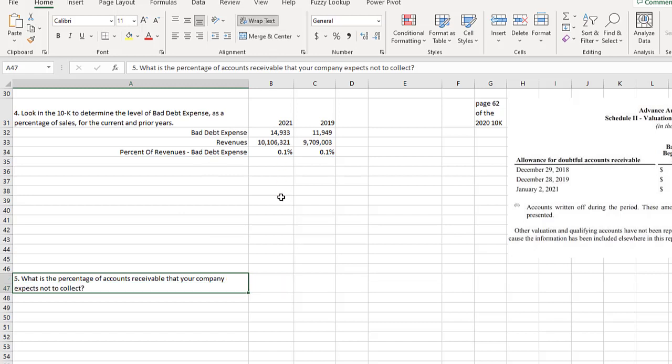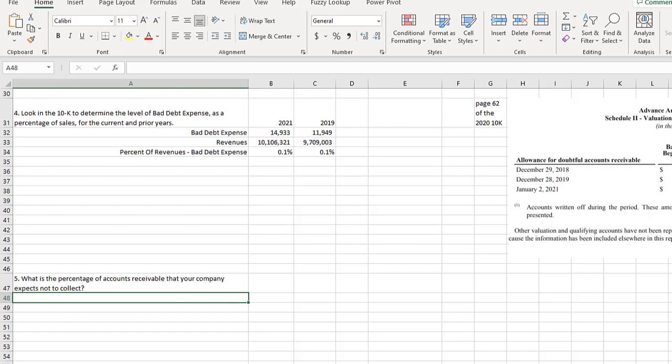Wrap it. So what we need is the allowance and our receivables, and we need the gross receivables. So there's another schedule in our financial statement that we need to go grab.